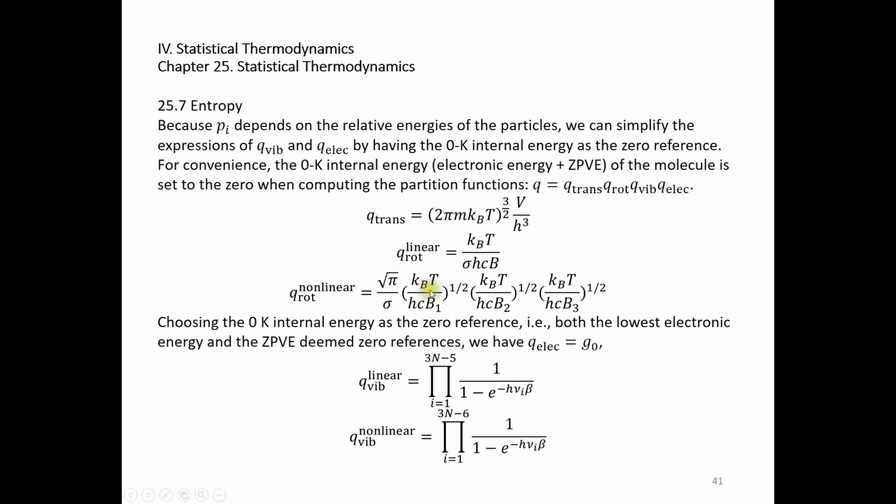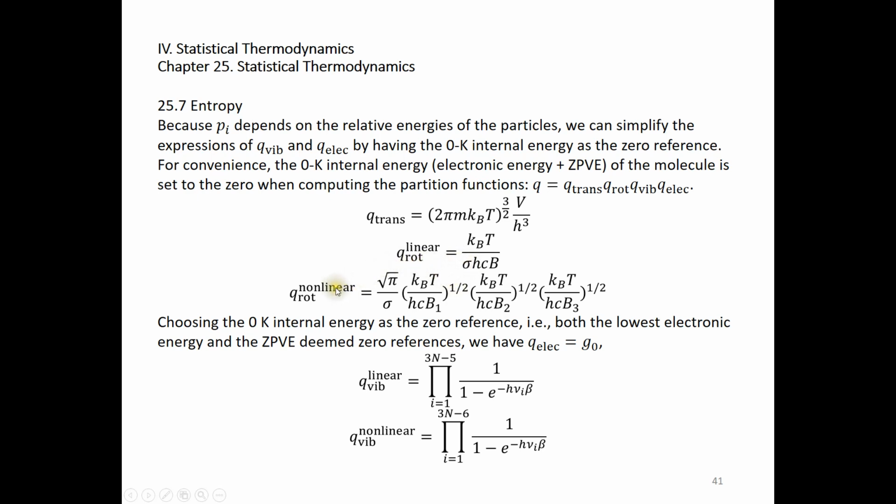If the linear molecule has an inversion center, sigma is 2. If the linear molecule does not have an inversion center, sigma is 1. So if you have a D infinity h point group, sigma is 2. If the point group is C infinity v, sigma is 1.